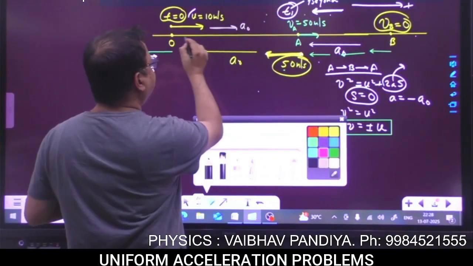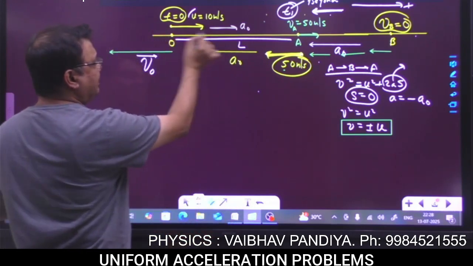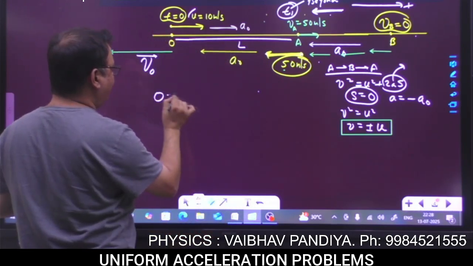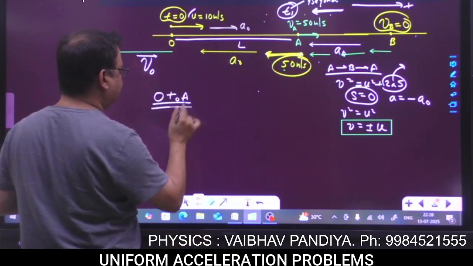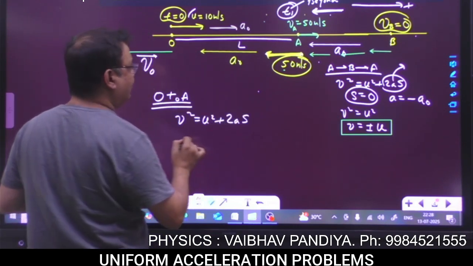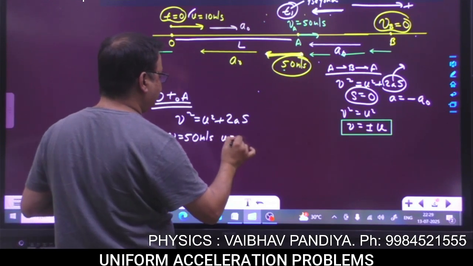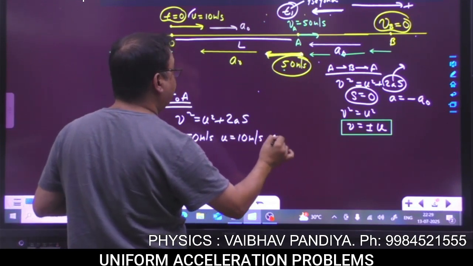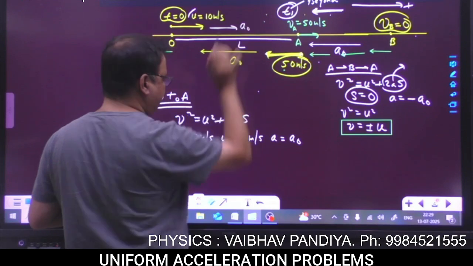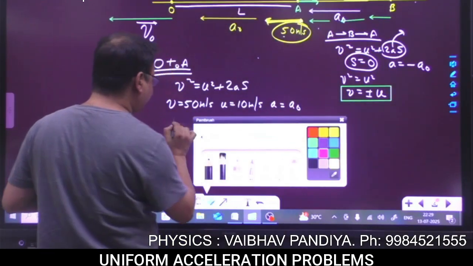VO, say this length is L. Now if I apply the equation of motion from O to A, say V square is U square plus 2AS. So V is plus 50, U is how much? Plus 10. A we don't know, but let it be plus A naught, because it is the right side, and your displacement is how much?